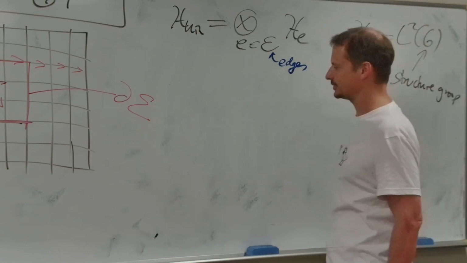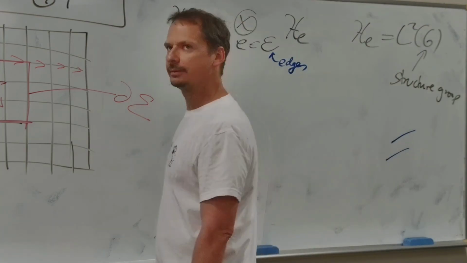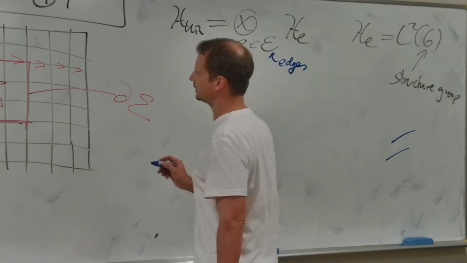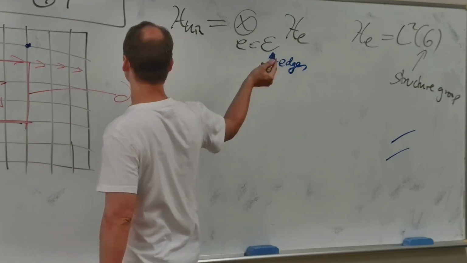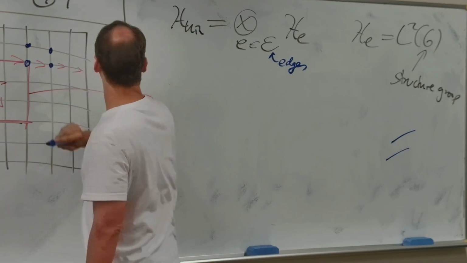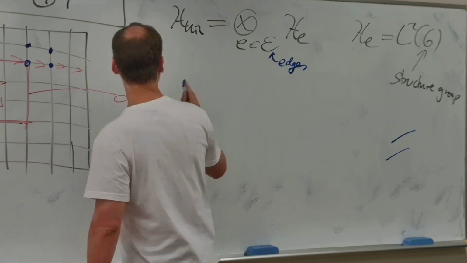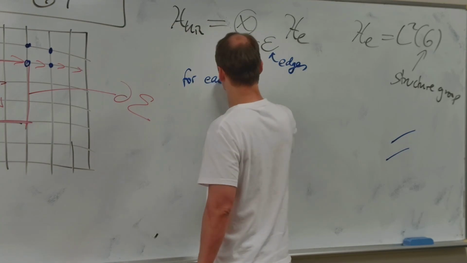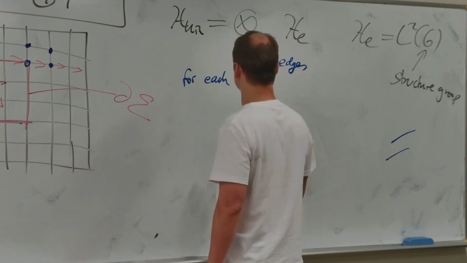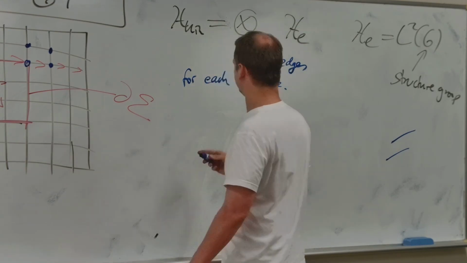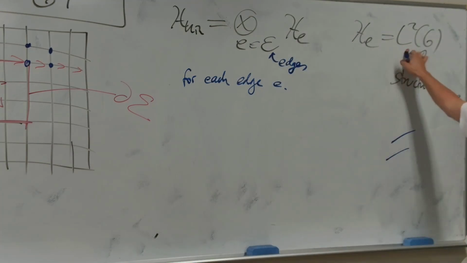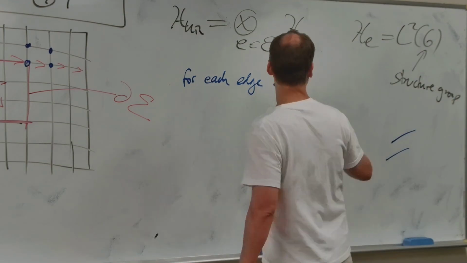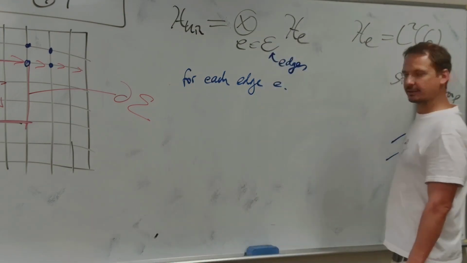So this is our kinematic Hilbert space, and I think the key thing that I need to tell you is that we have now a structure group G, and I need to tell you a little bit more about the edge space. For each edge, this is the regular representation that we've already seen before for ideal quantum reference frames. And so we have a group basis for each edge.